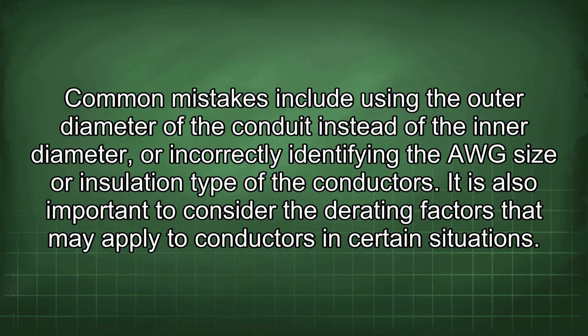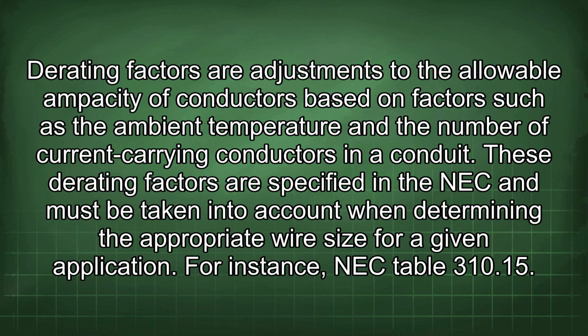It is also important to consider the derating factors that may apply to conductors in certain situations. Derating factors are adjustments to the allowable ampacity of conductors based on factors such as the ambient temperature and the number of current carrying conductors in a conduit. These derating factors are specified in the NEC and must be taken into account when determining the appropriate wire size for a given application.